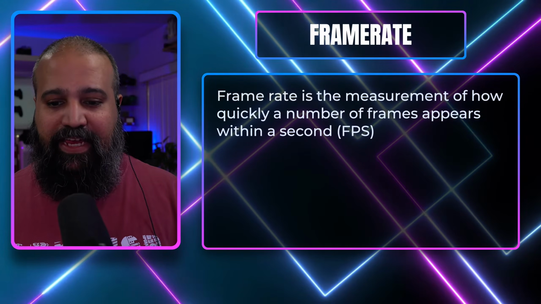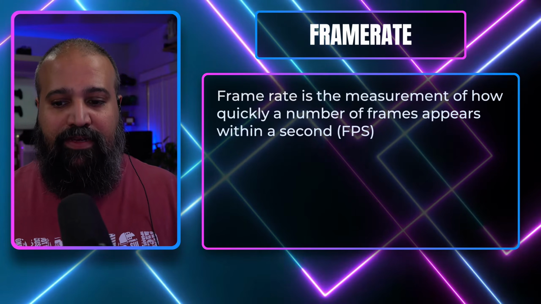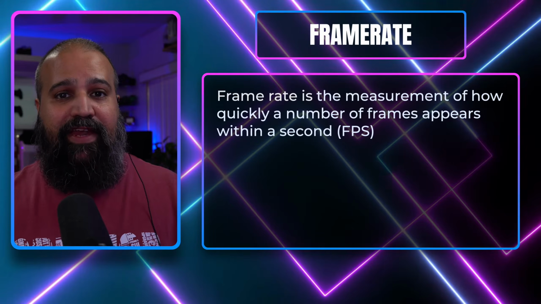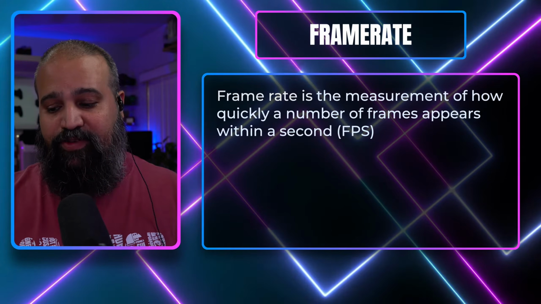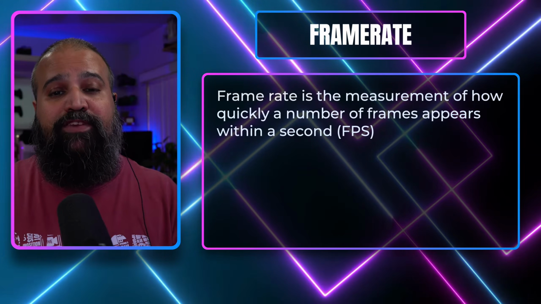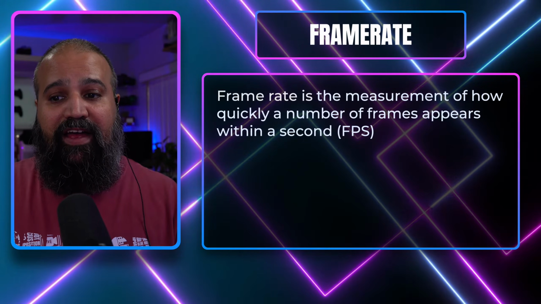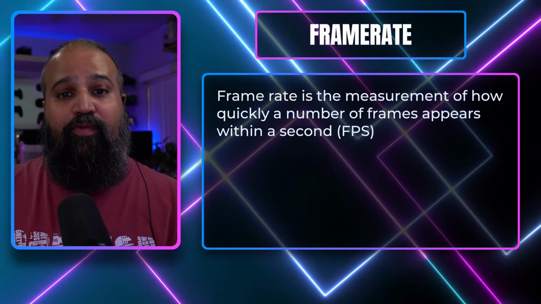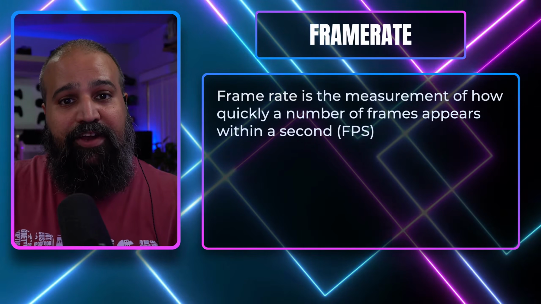So every second, 24 frames, FPS, frames per second. If that's the setting that you have on your camera, that means that every second you're creating 24 JPEGs, and the one after that will be another 24.